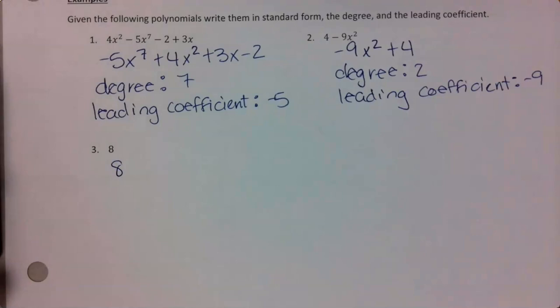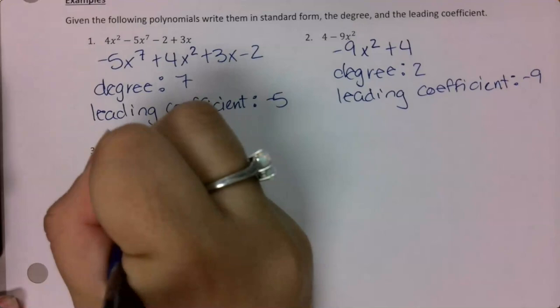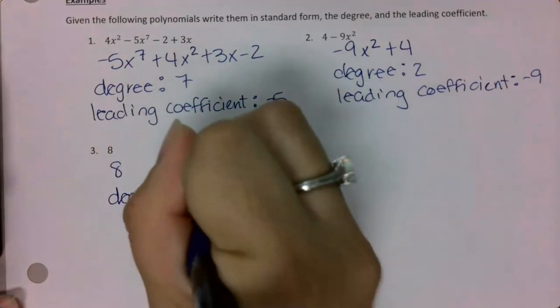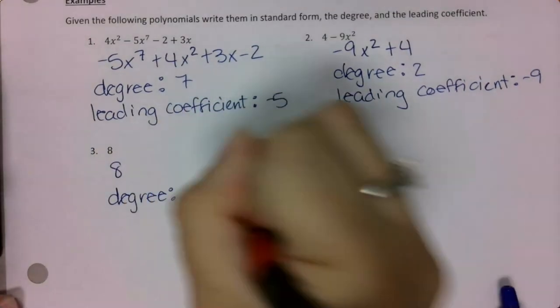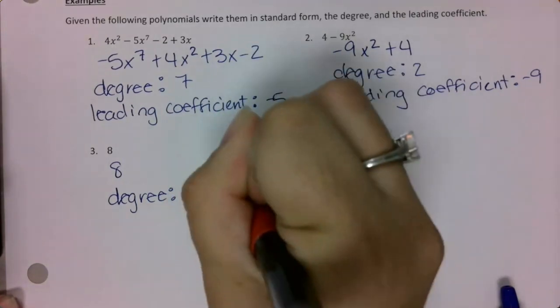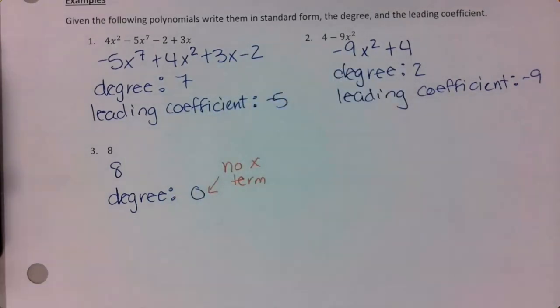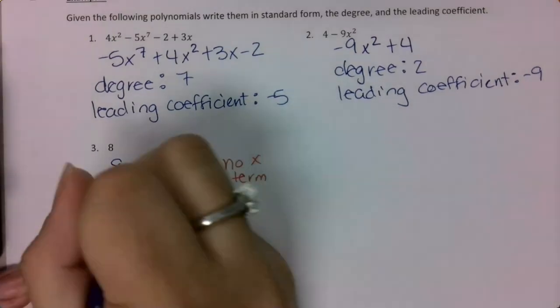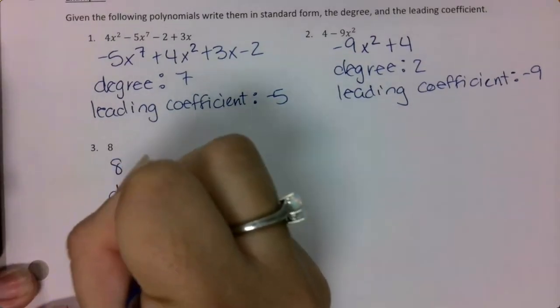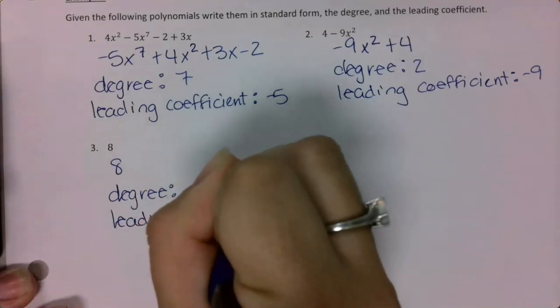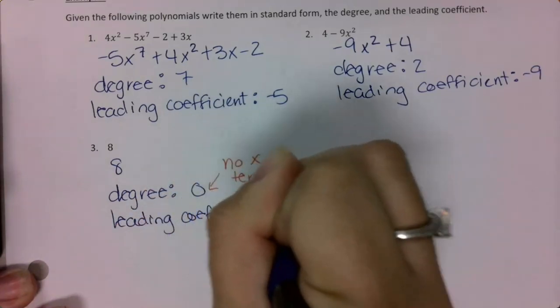There's nothing to put in order. What is my degree on this one? 0, because I have no x. And then my leading coefficient, 8.